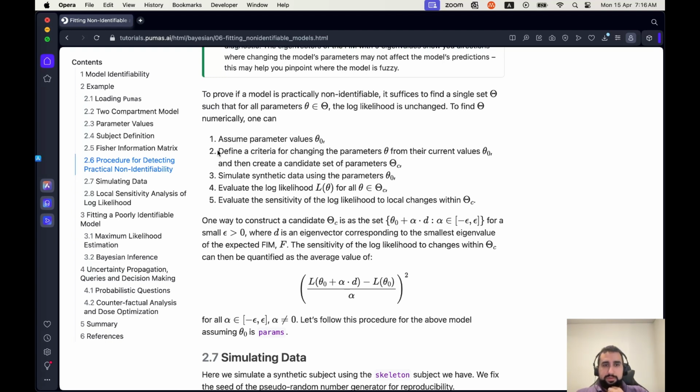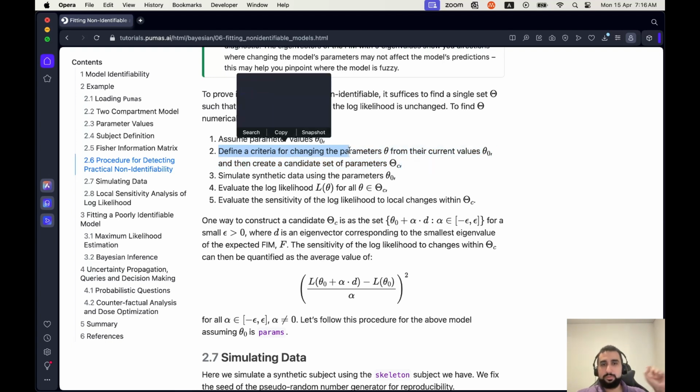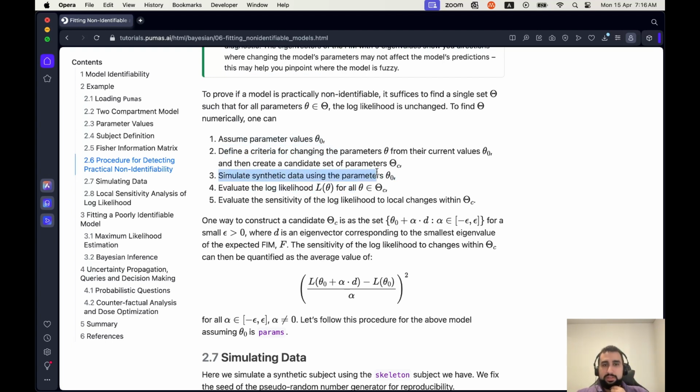Okay, so we're going to define a criteria. We'll come to what that criteria is, and this criteria will use the eigenvectors of the Fisher information matrix, right? So that's where it's actually useful to define this criteria. Next, we're going to simulate synthetic data. So we want to simulate a subject, some observations given our skeleton subject. Then we will evaluate the log likelihood at all the parameter values in this candidate set. This candidate set is a set of parameter values that we have decided to test or include in theta C, given some criteria for choosing those values.